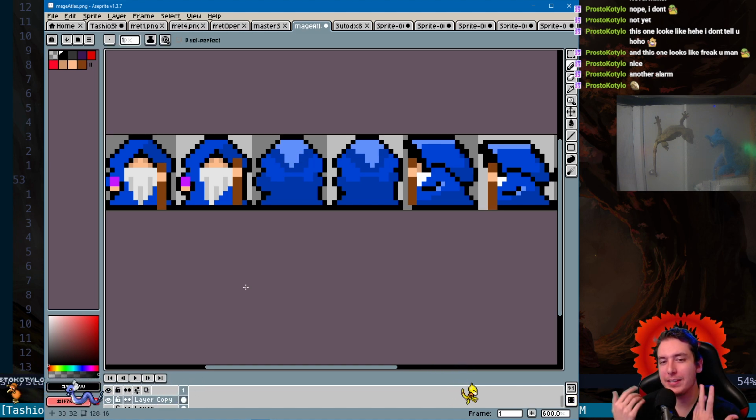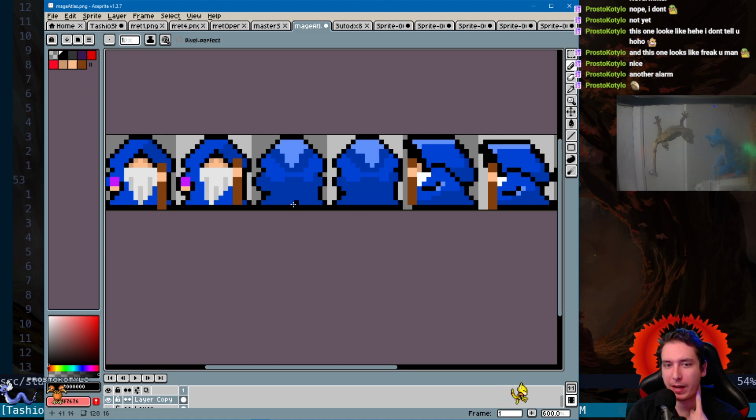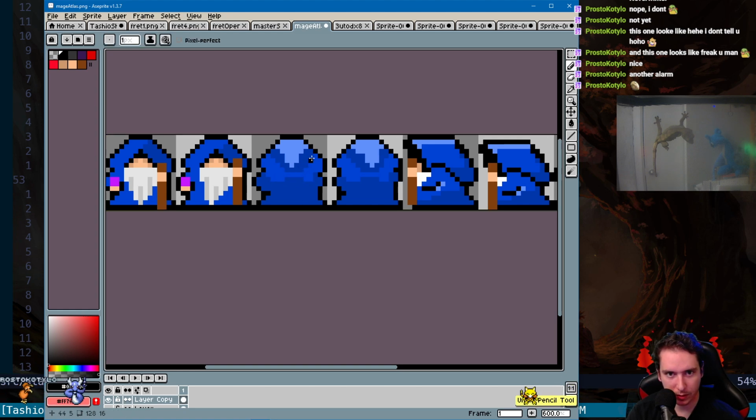Okay, the one I like the least is when he's walking away from camera. I feel like we're missing some shape or something here. Yeah, maybe just like a straight up shadow for the hood here.